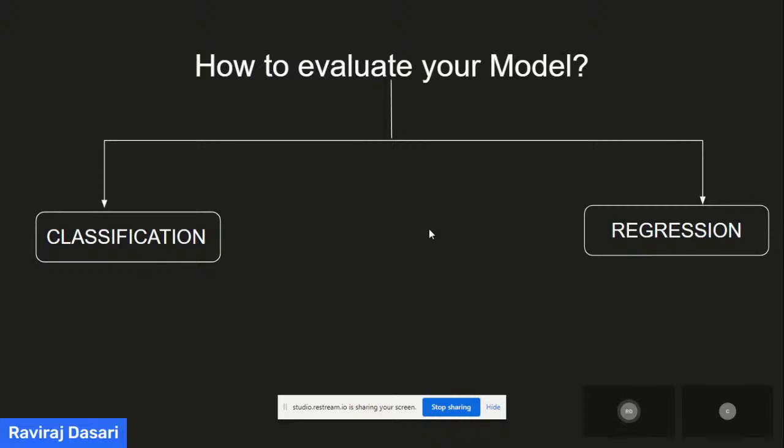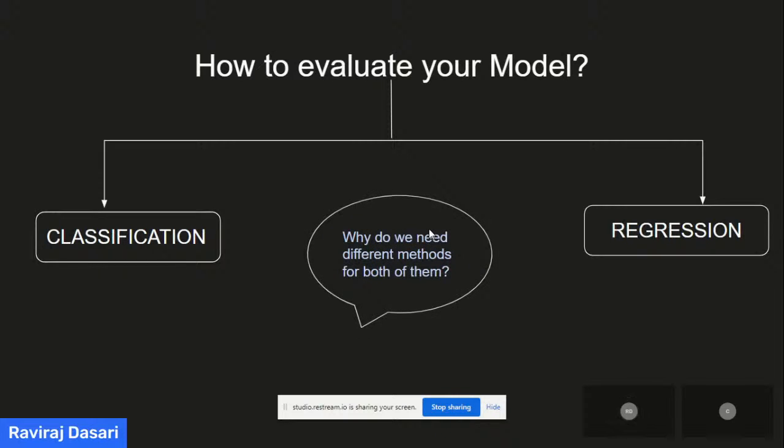As you know, there are two types of models: classification models and regression models. There will be different metrics for both. Why do we need different metrics? Because in general, classification has discrete variables, like a class such as positive and negative, or classes like dog and cat, different types of animals.